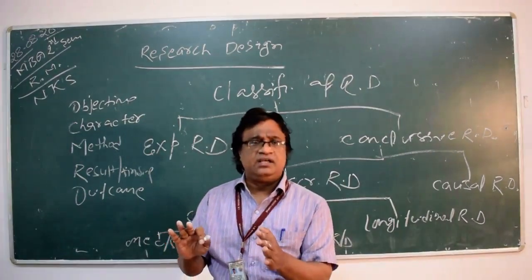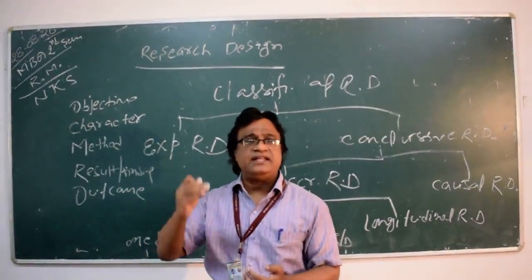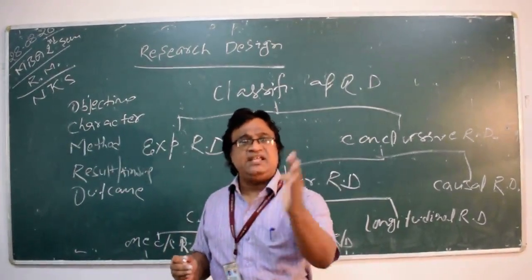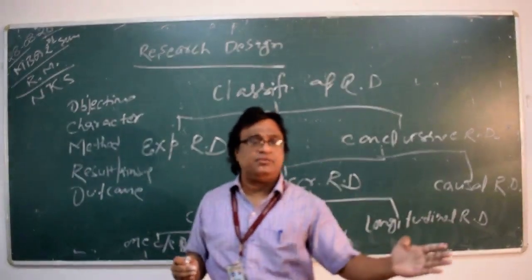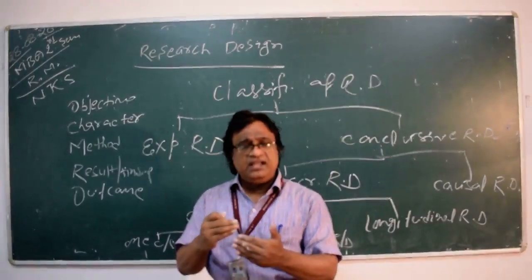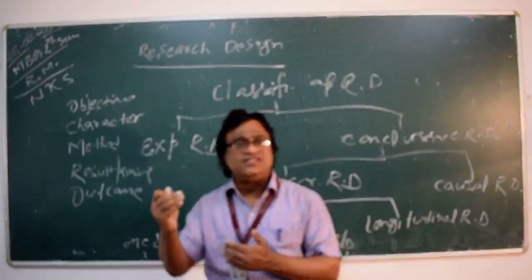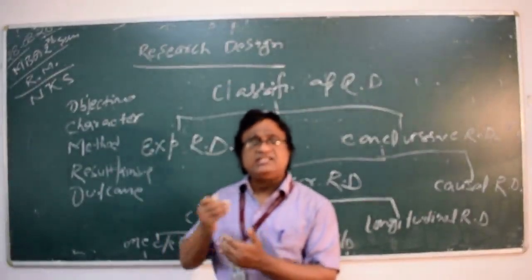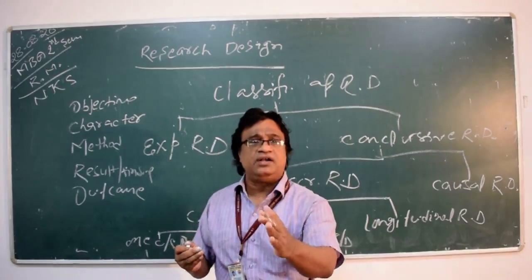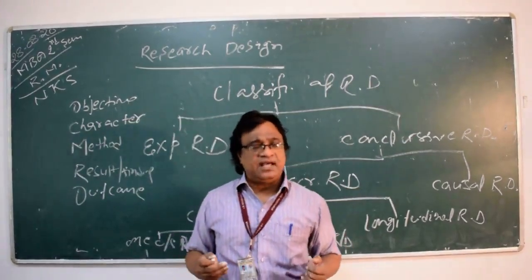What we try to do, we try to manipulate the independent variable to see its effect on the dependent variable. So manipulation is very important. We try to manipulate the independent variable or cause variable to see its respective effect on the dependent variable. For example, demand and price.